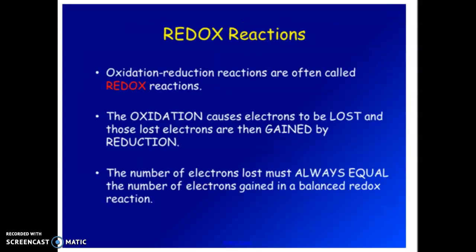So when you're looking at a redox reaction, we already know that it involves oxidation and reduction, but here's an important point. When you have a properly written oxidation reduction reaction, the number of electrons lost should always be equal to the number of electrons being gained, okay, after balancing.